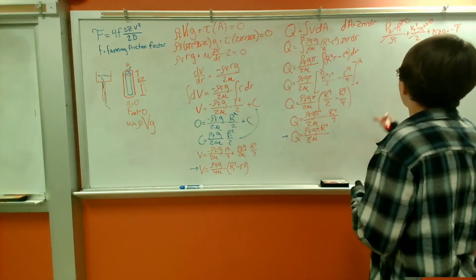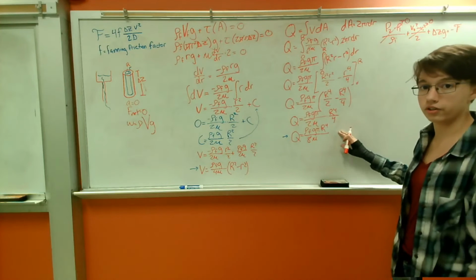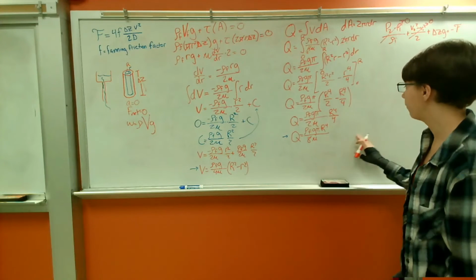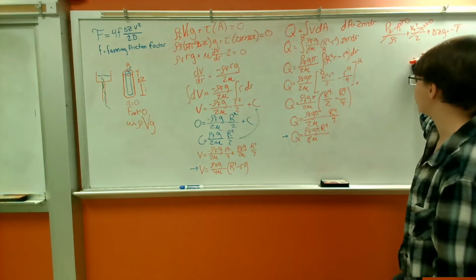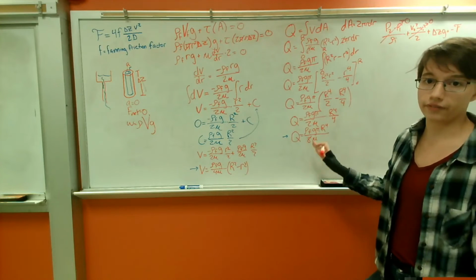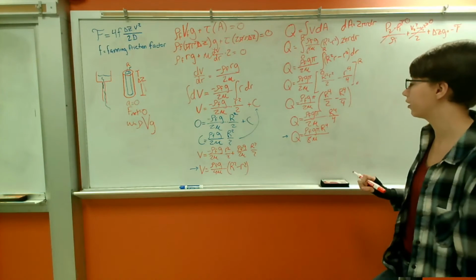So, we've got our gravity-driven flow, and then we've got our equation for flow rate. And we can combine these two equations by the one variable that they have in common, acceleration due to gravity. So we have to solve this for acceleration due to gravity first, and we're going to plug it in up here.